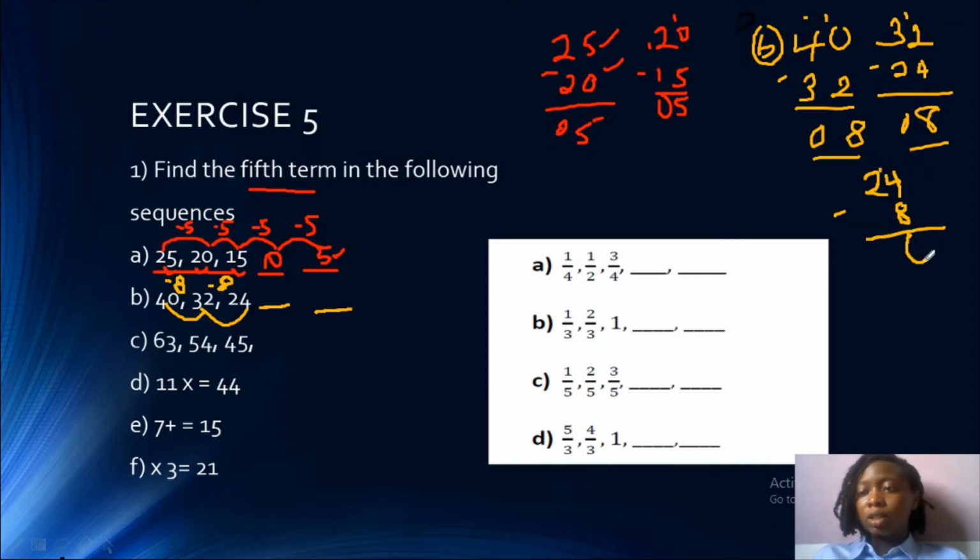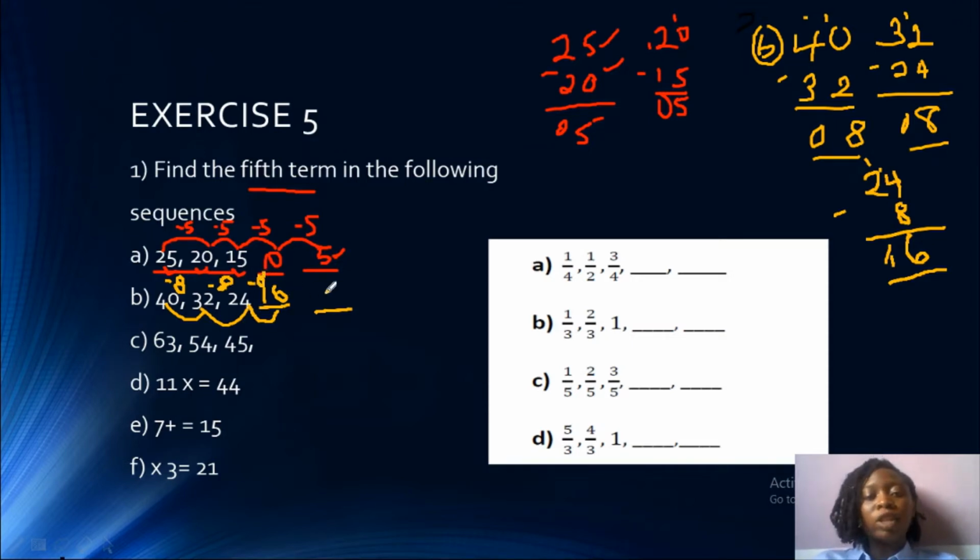So we get 6 here. Remainder 1 here. So we get 16. So from here to here, the rule was minus 8.